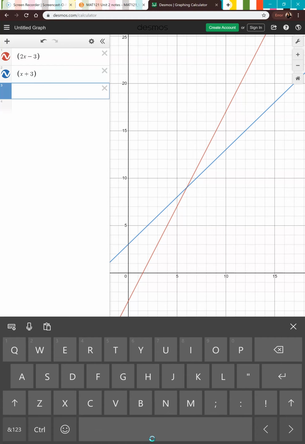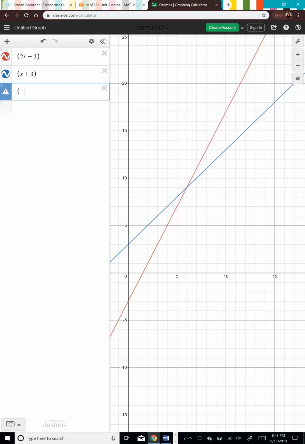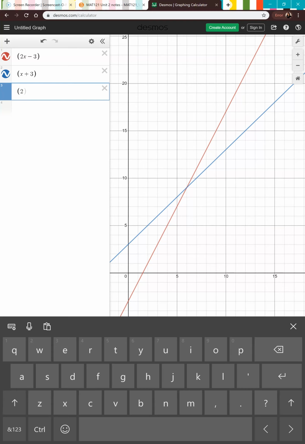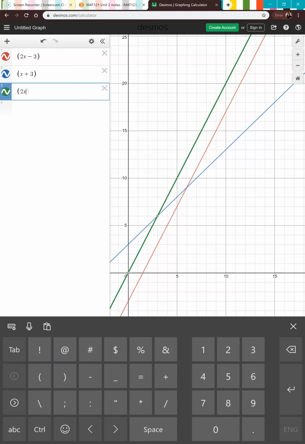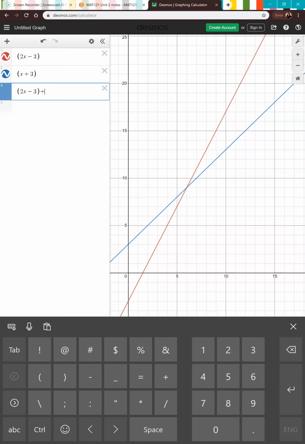Now, if you add them together, check out what's going to happen. If you add them together, you get 2x minus 3, and then I'm going to add plus x plus 3.